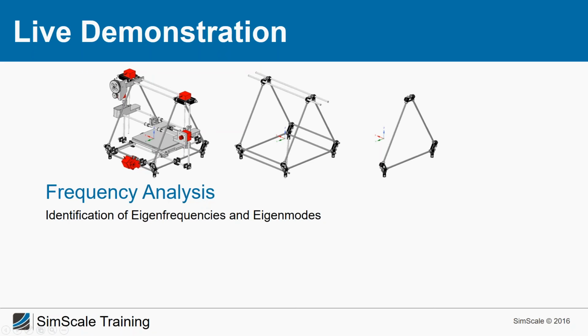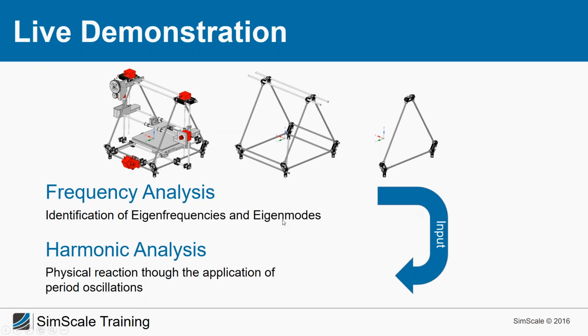And what we will show you is that we will now perform a frequency analysis of this subframe. So we'll investigate what the eigenfrequencies and the related eigenmodes of this part are. And then we will investigate for several of these identified eigenfrequencies how the frame would react to the application of periodic oscillations.